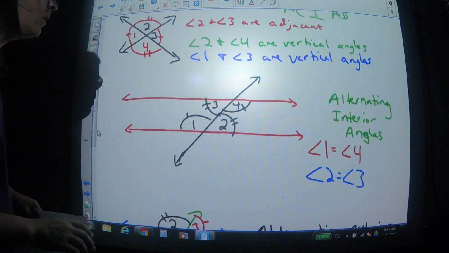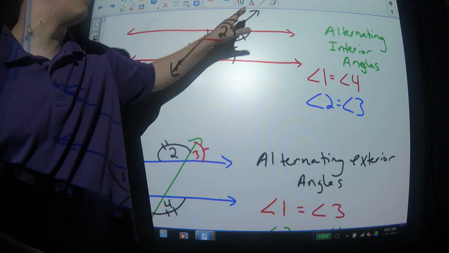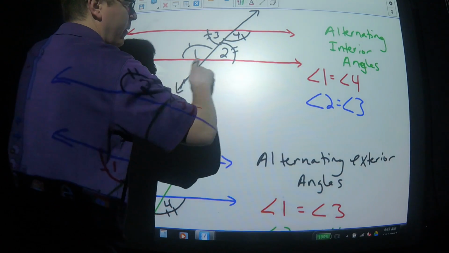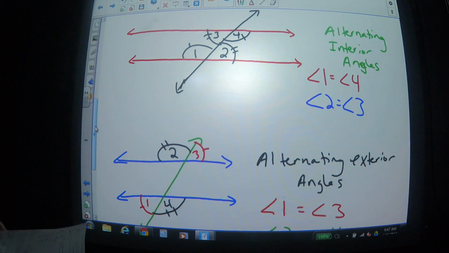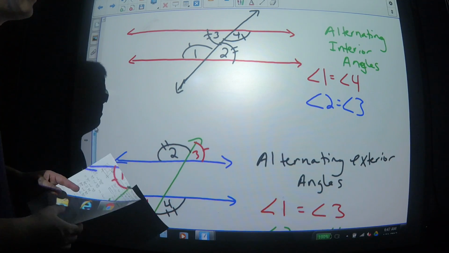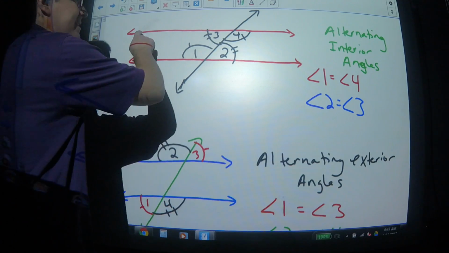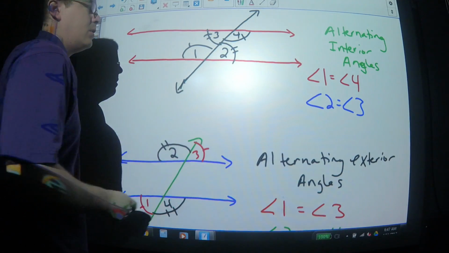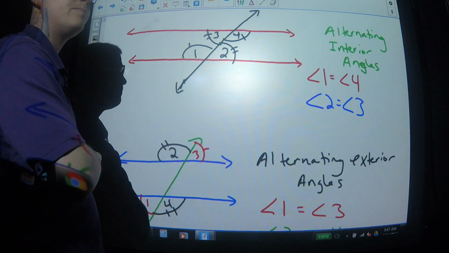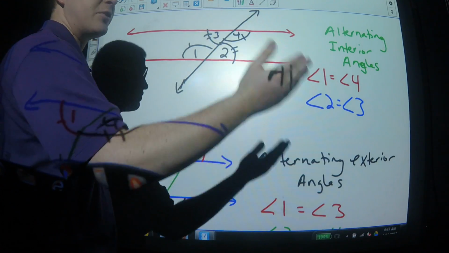Now, also, when you have two parallel lines cut by a transversal, and these are your parallel lines here in red, you form what are known as alternating interior angles and alternating exterior angles. So let's talk about the interior. Interior meaning inside. So inside the parallel lines, you have alternating, meaning every other or opposite side.